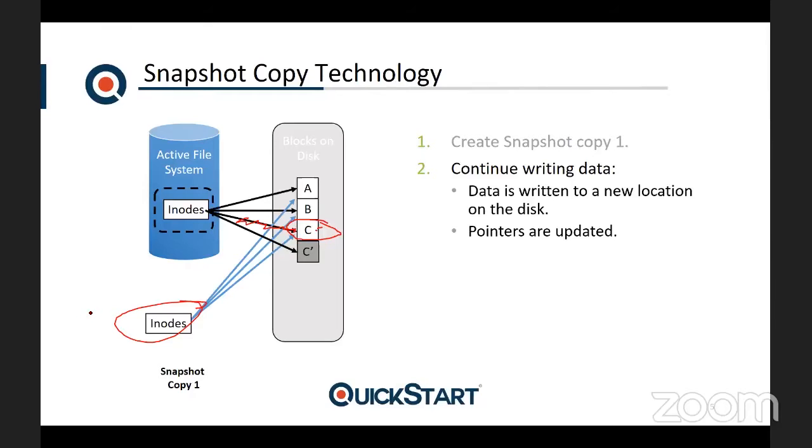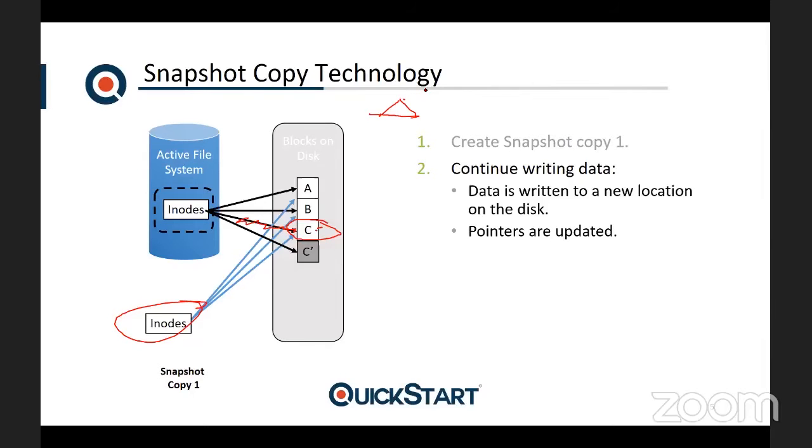However, as we delete and change data in the active file system that we can modify, the active file system is no longer pointing to particular data blocks, and my snapshot size will increase over time. So snapshot size increase is relative to the delta, the changes in the data over time.